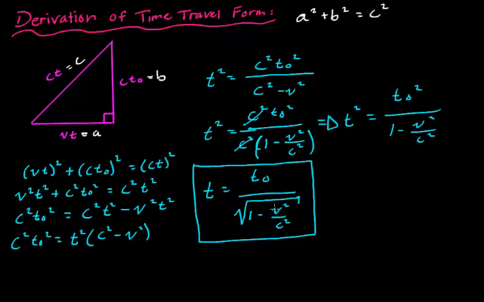And when you plug in 0.99 c for v, you're going to have 0.99 c squared over c squared. So what's that going to give you? You're going to have c squared over c squared, and c is going to cancel out. And then it's essentially just plugging this whole business in your calculator, and there's your answer. So hope this helps.